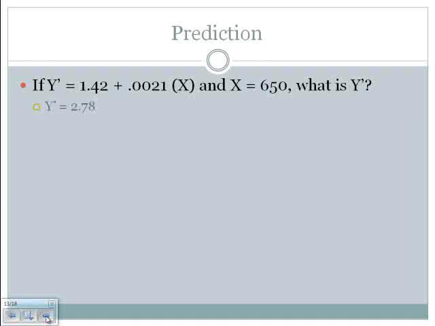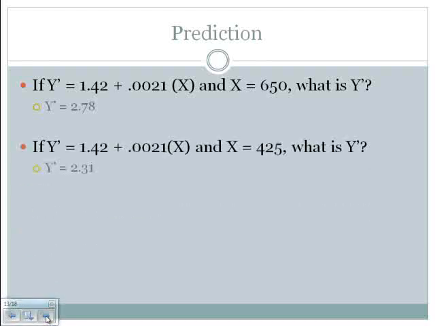So if y prime is equal to 1.42, that's our beta naught, that's our y-intercept, plus 0.0021 times x, and someone comes in and they scored 650 on the SAT, what is y prime? And that's just a plug and chug. So 650 times 0.0021 plus 1.42 yields a predicted GPA of 2.78.